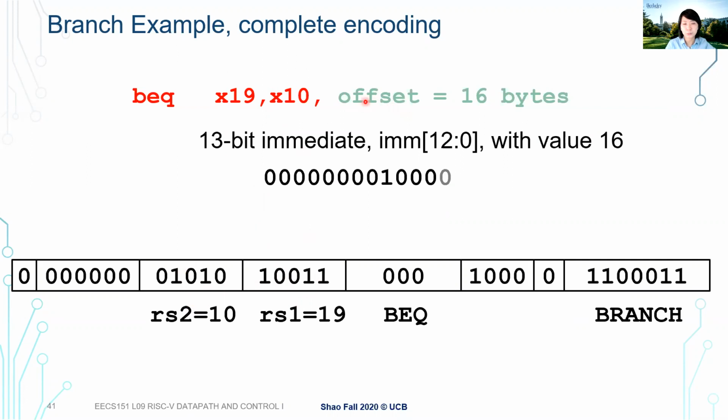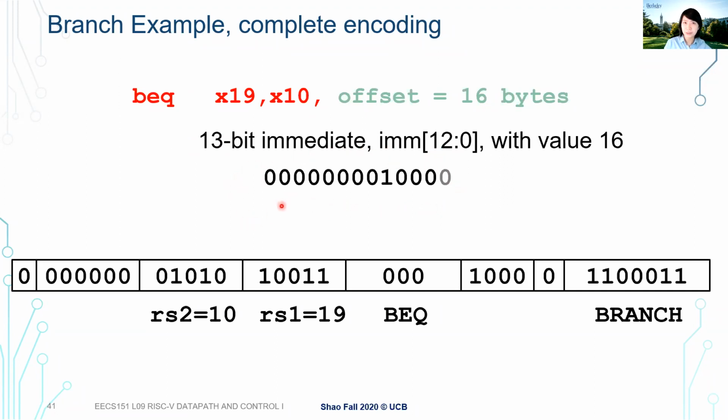Now we need to specify the offset, which is 16 bytes, using the 13-bit immediate. In a byte addressable fashion, we need to encode the 16 in our instruction.